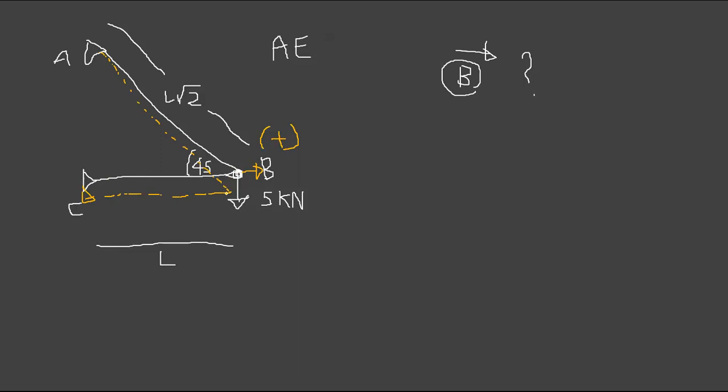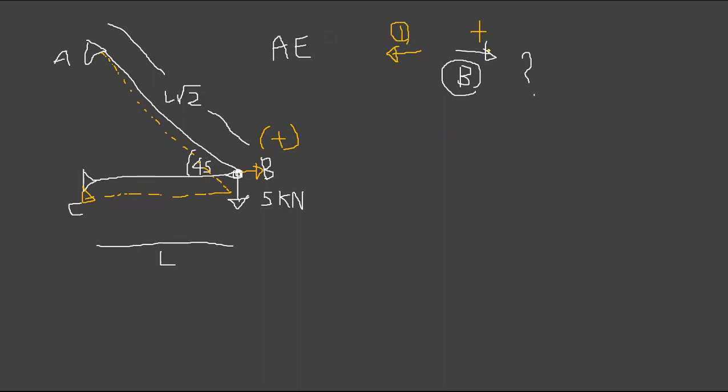If you think about the original structure, how it behaves, this is a virtual direction you are taking that is positive, right? You need the horizontal displacement in that way, so I'll apply a unit force in that way. If you want, you can even take this as positive, and then you have to apply the unit force in this way.